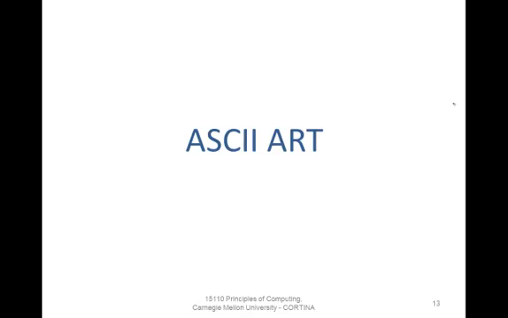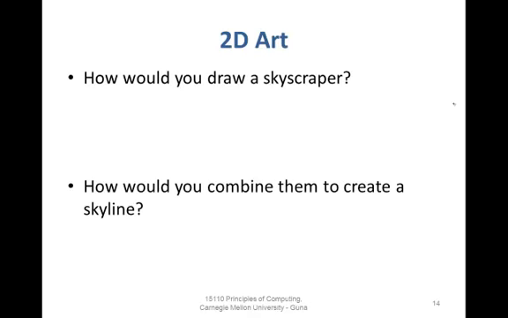Okay, by doing that you can do various kinds of magic. We call them ASCII art. For example, suppose you'd like to draw a skyscraper. So you'd like to print a skyscraper like this. You want to print something like this, just to indicate that it is a building. This would be the base.